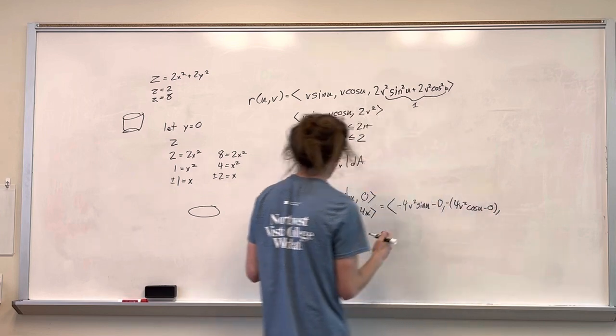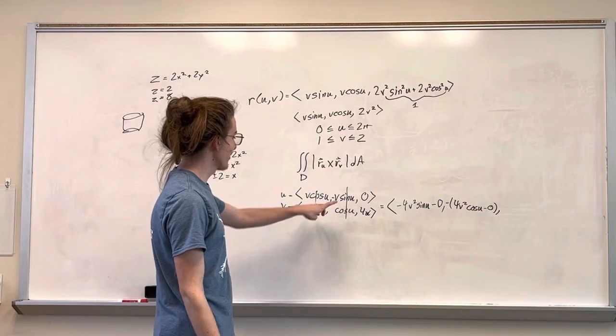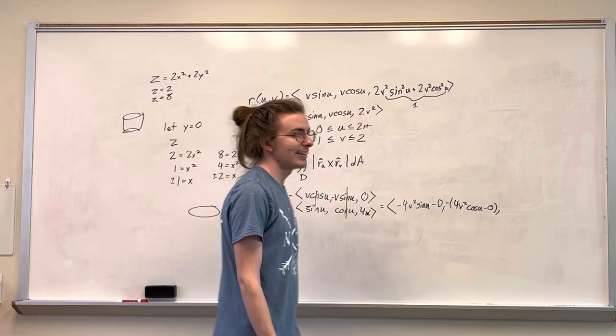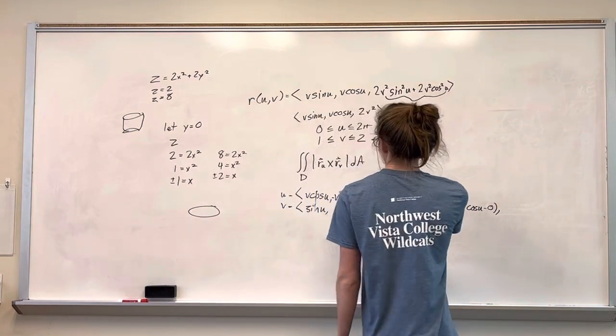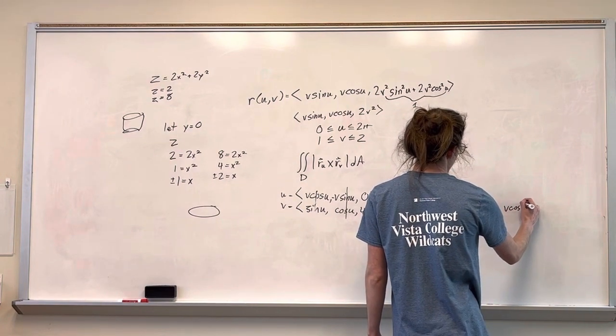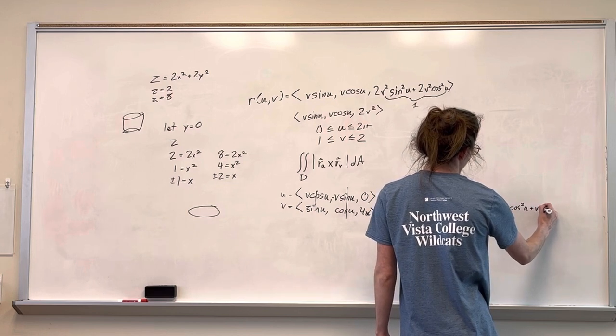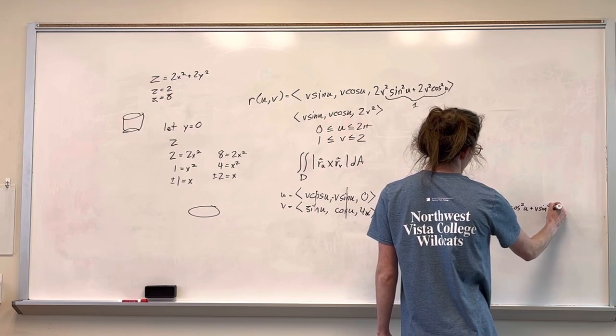And then the last one, a bunch of cosines and sines, but luckily they combine into sine squared and cosine squared from the looks of it. So v cosine squared u plus v sine squared u.